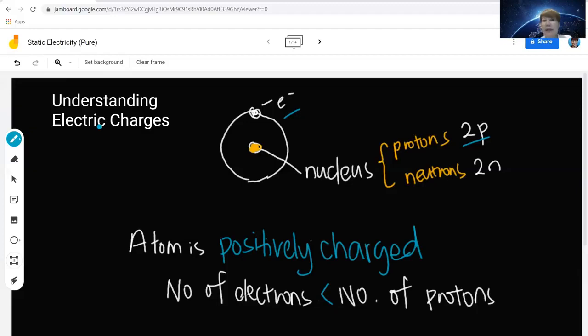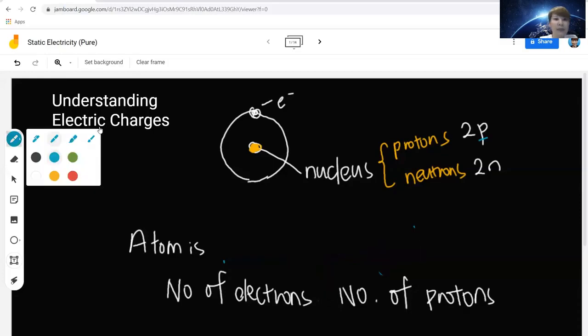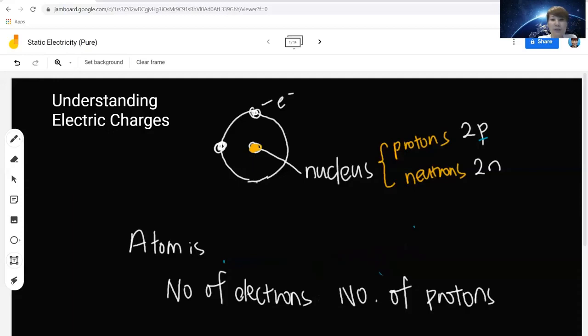Now let's take a look at the last example, when we add more electrons to this atom. How do we add it? Later we'll come to it. All right, so let's say the moment you begin to add more electrons, for example, instead of 2 electrons, I now add 1 more electron to this atom.